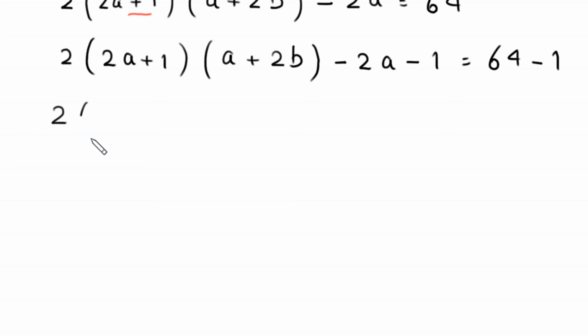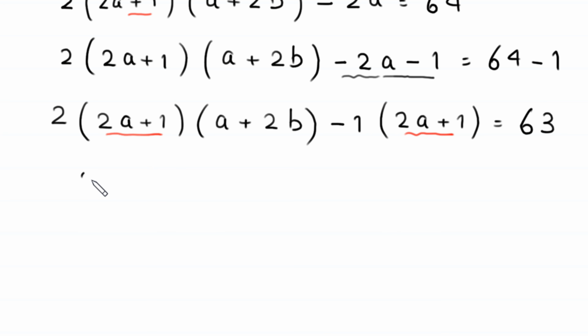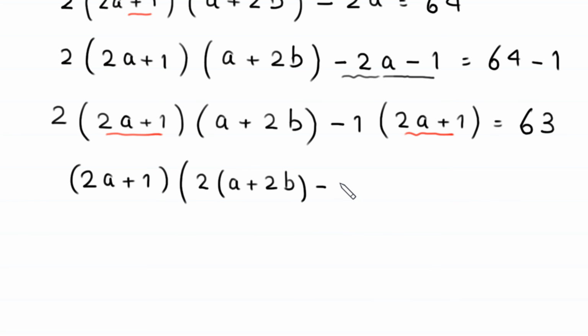Next, from these two terms negative 2a and negative 1, we can factor out negative 1, in brackets 2 times a plus 1, equal to 64 minus 1, 63. Now as you can see, this expression 2a plus 1 is a common factor, so we factor it out, and in brackets 2 times (a plus 2 times b) minus 1, equal to 63.